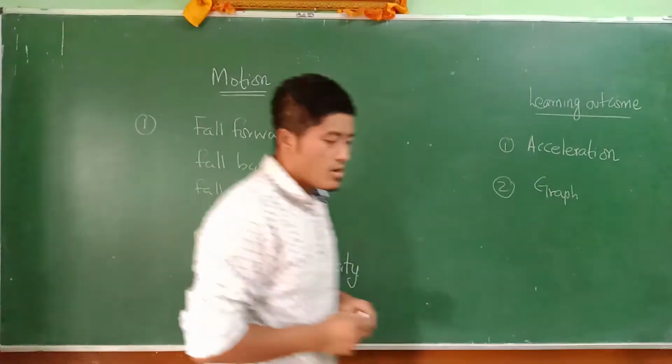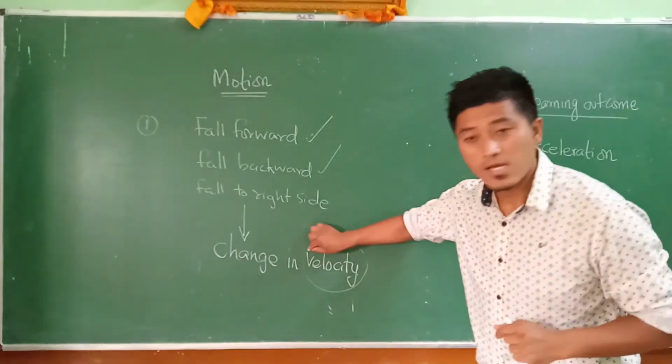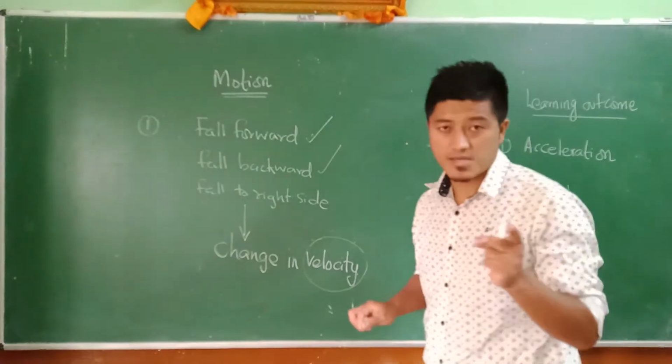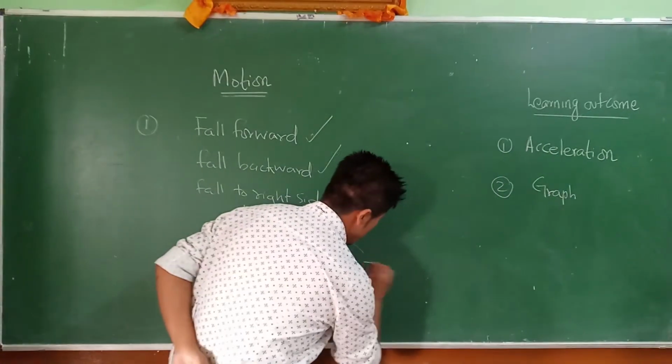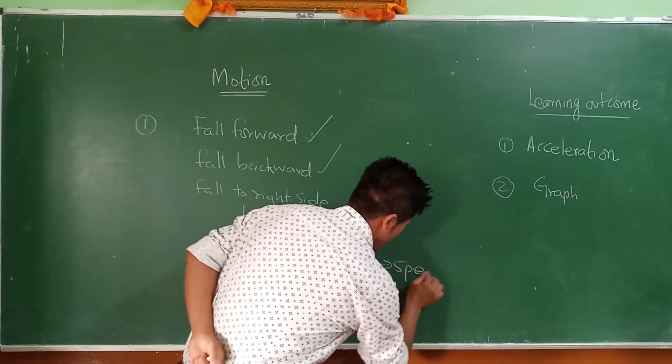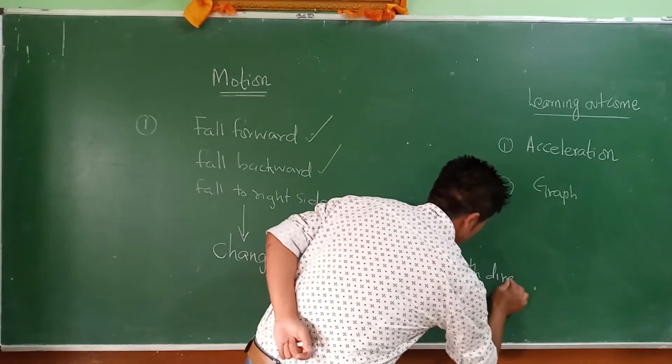So now, I guess every one of you is quite familiar with velocity. What is velocity? We talked about velocity yesterday, or the day before yesterday. Velocity is nothing but speed with direction.